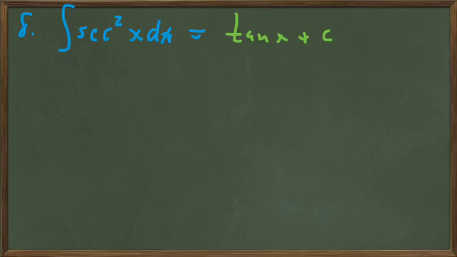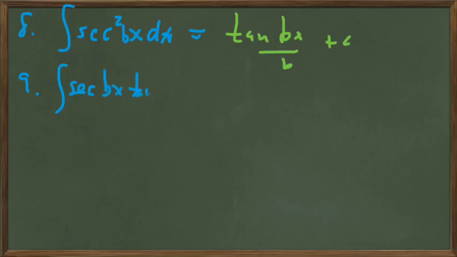Actually, let's generalize that and make it tangent of bx over b plus c, with this here being secant squared of bx. And then another one that you have, I believe, encountered before, secant bx tangent bx. Secant tangent is the derivative of secant, and so this would be then what?